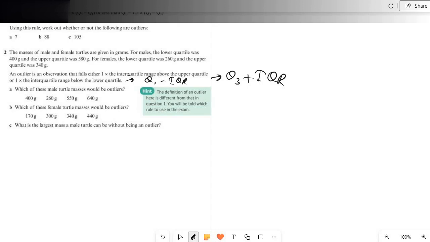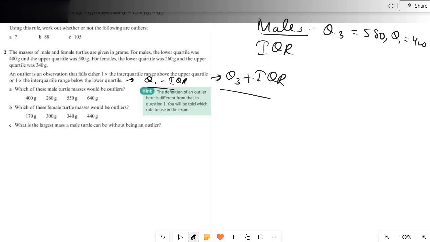For number A, we have to deduce whether or not these values of the male turtles are outliers. So let us first evaluate these two values. For males, we know that the upper quartile is 580 and the lower quartile is 400. So first we can evaluate the interquartile range, which is going to be Q3 minus Q1. If you remember my previous videos, that should be 580 minus 400, which gives us 180.